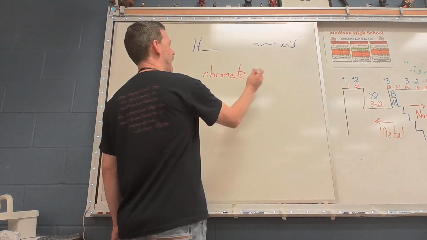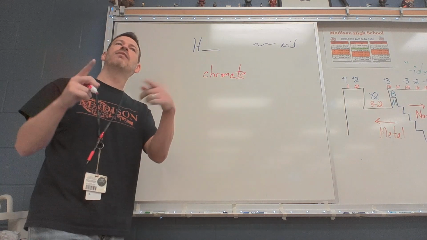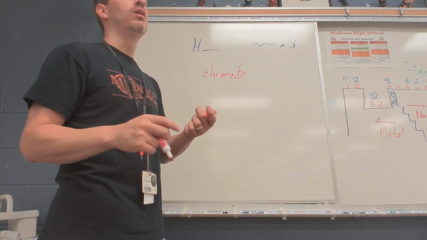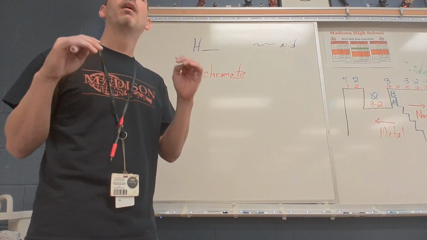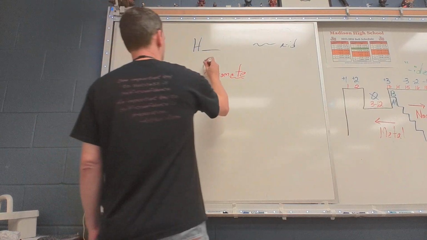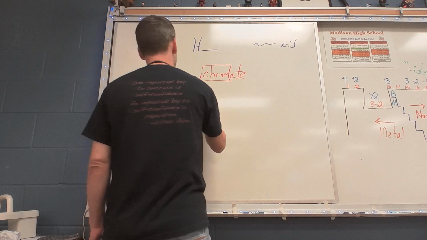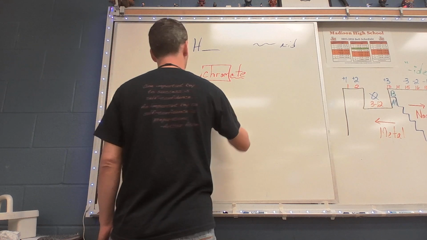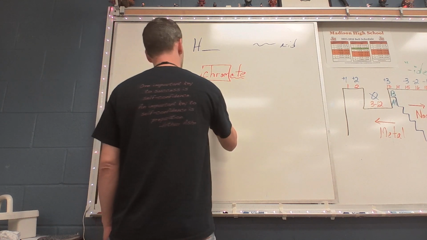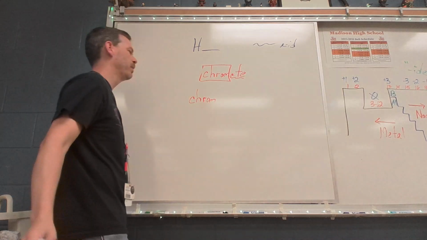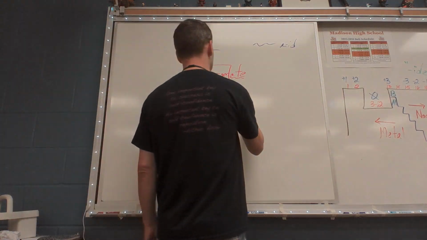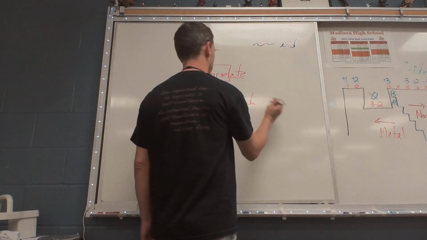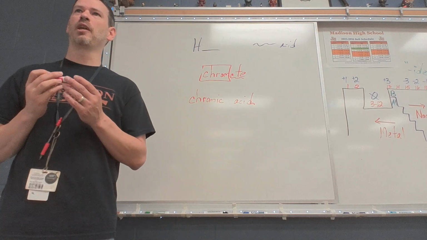But there's the ate, which will activate the ate rule, which is blank-ic. So I'm going to put this in the blank. Chrom goes in the blank. I add ic instead of ate, and then acid. Did you get chromic acid?